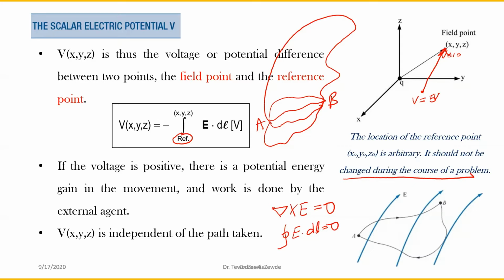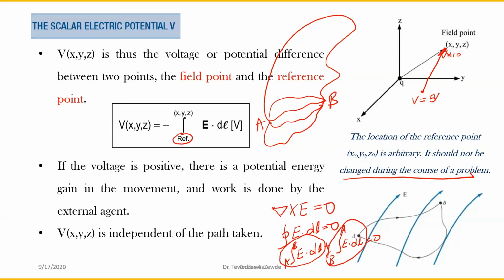So the line integral of E dot dl from A to B plus the line integral from B to A of E dot dl is 0. We know E dot dl from A to B is the potential difference between A and B, and E dot dl from B to A is the potential difference between point B and point A.